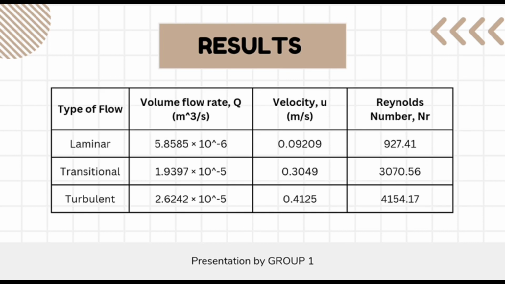Based on data obtained from the experiment, we did some calculations to get the volume flow rate, velocity, and finally the Reynolds number. The Reynolds number for laminar flow is 927.41, the transitional flow is 3070.56, and finally the turbulent flow is 4154.17.